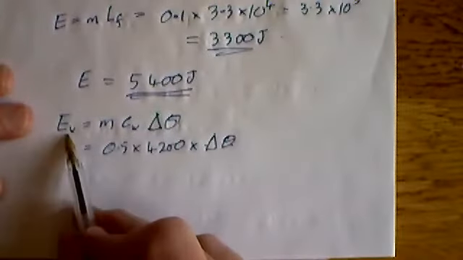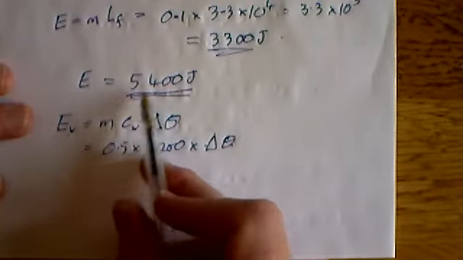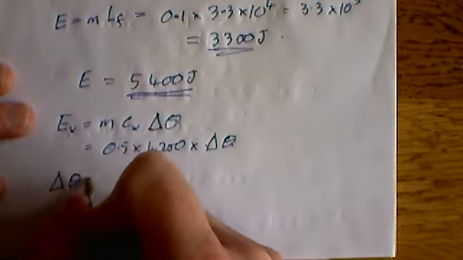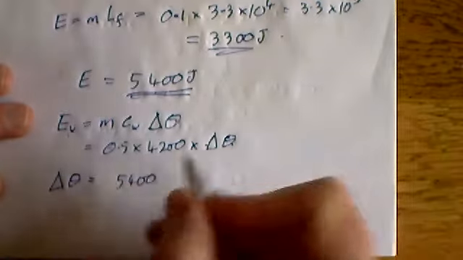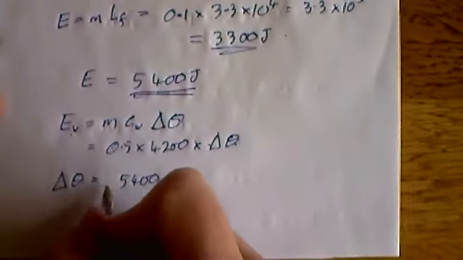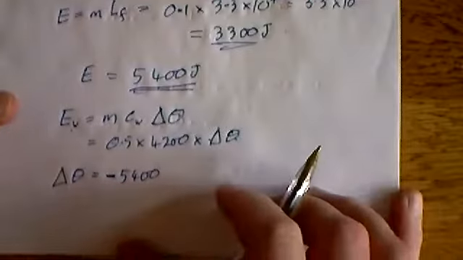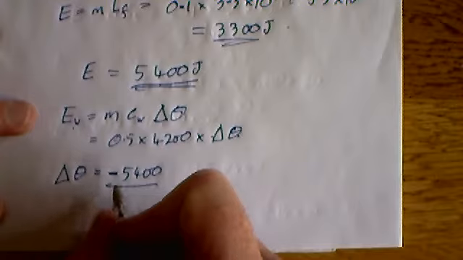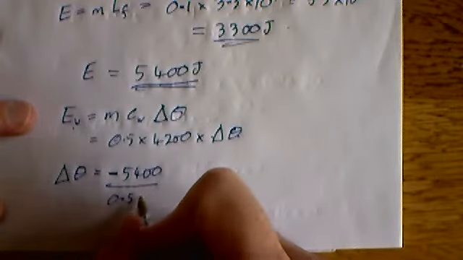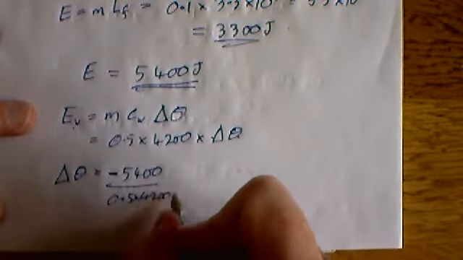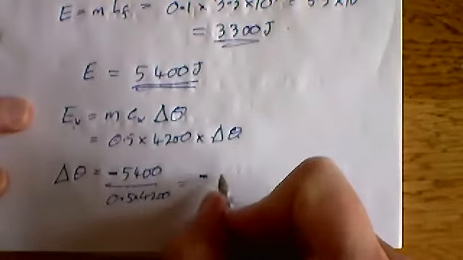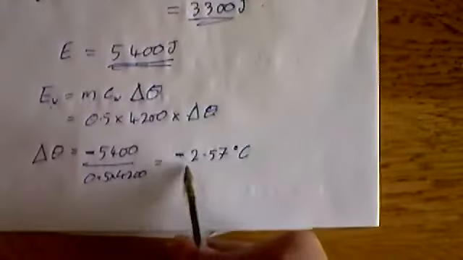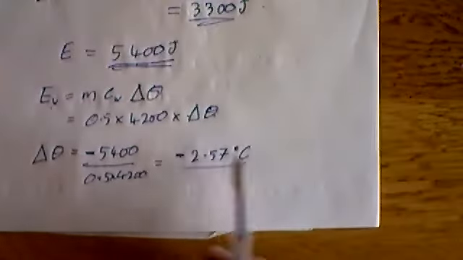Well, we know this. It's 5,400 joules. To be fair, again, we should really put it as minus 5,400, because that's how much energy it's lost, divided by the mass, 0.5, times 4,200, and that will come to minus 2.57 degrees C. So our water has cooled down 2.57, and this isn't our final solution.